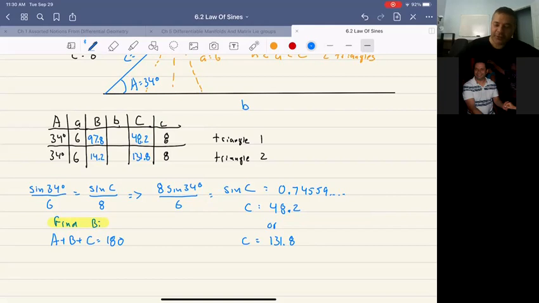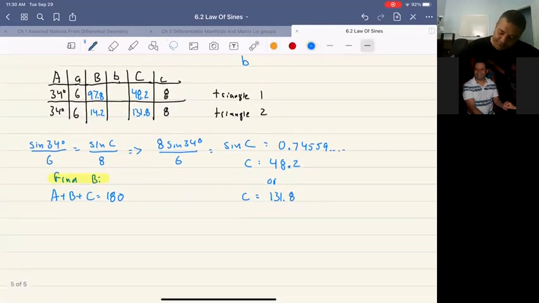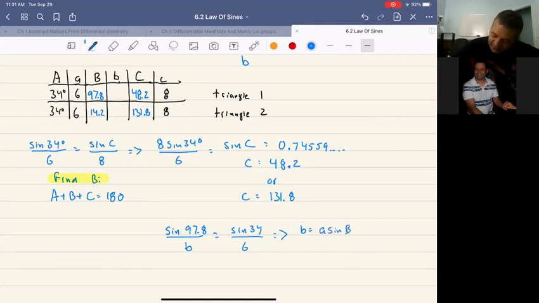So let's do that via, again, the law of sines, which is what we're doing today. So sine 97.8 divided by b equals, I'm going to use the A information, so b equals a sine B over sine A. I really should have done it that way because I like to do it with variables first.